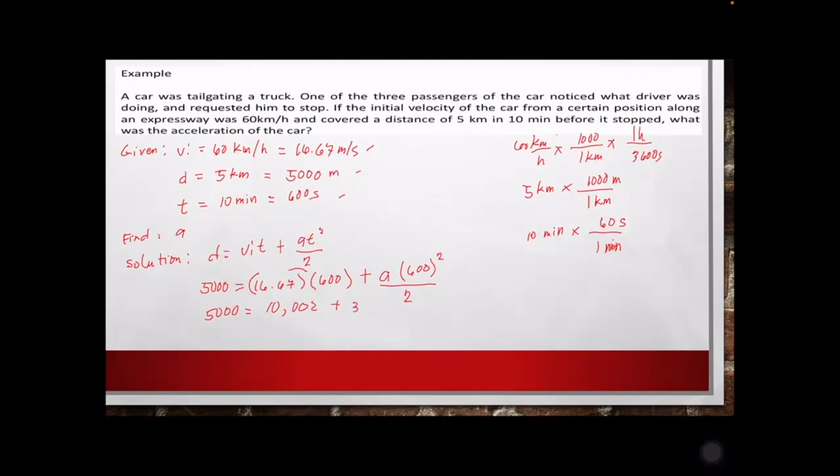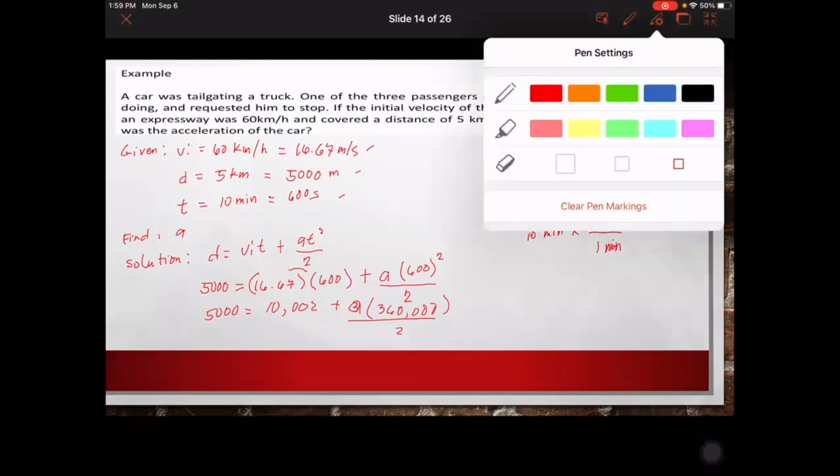This is 300 a, tapos 360,000, tapos 2. Okay, divide na natin sa 2.